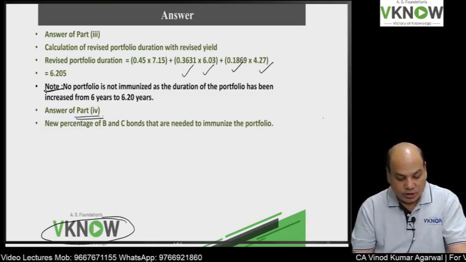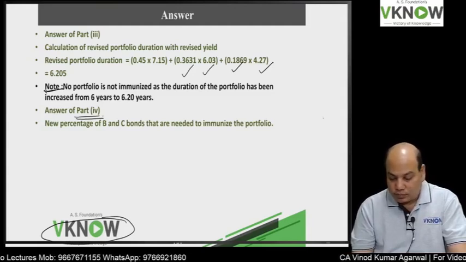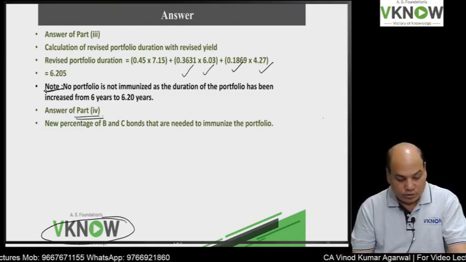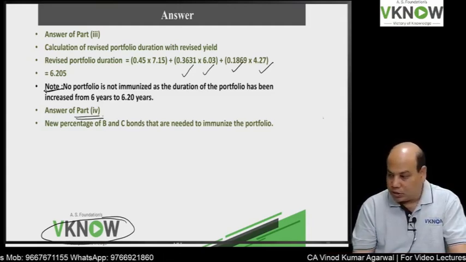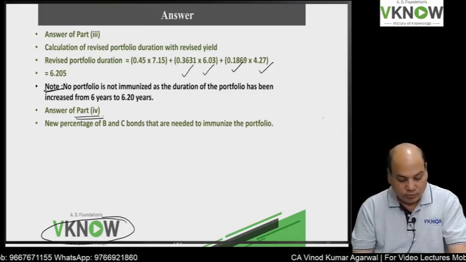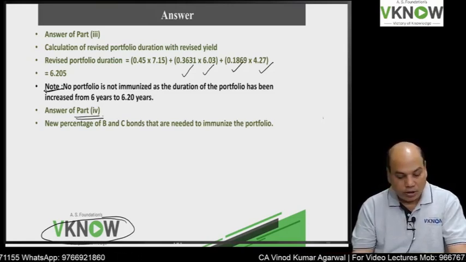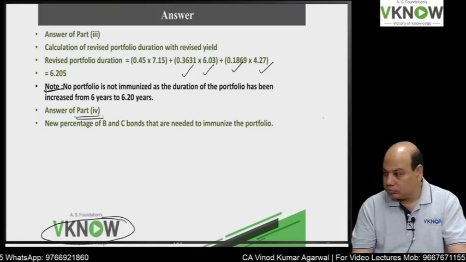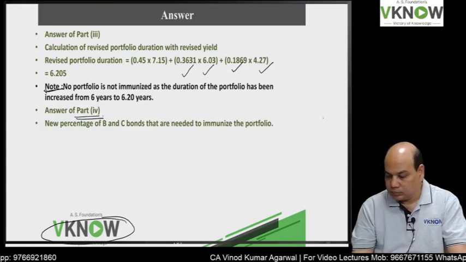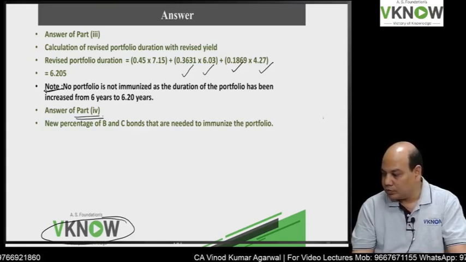So write down: new percentage of B and C bonds that are needed to immunize the portfolio.